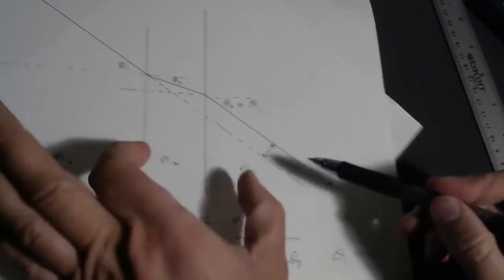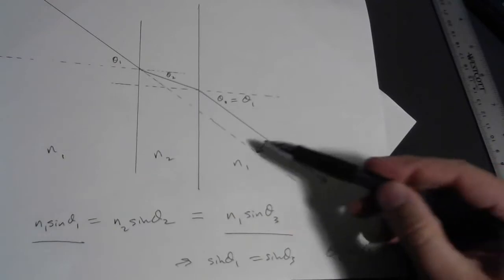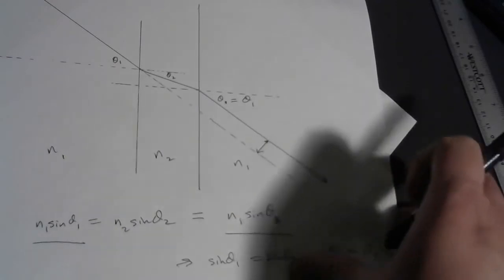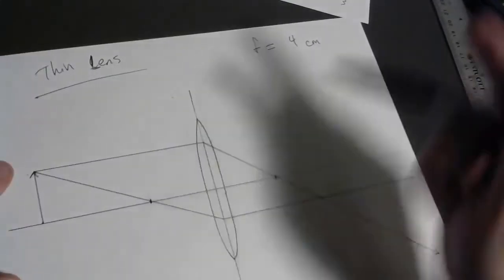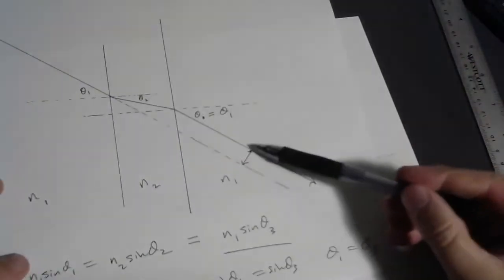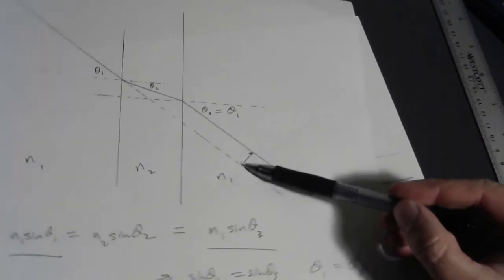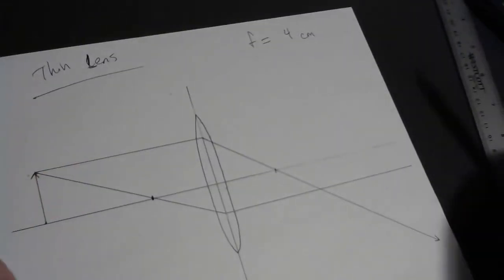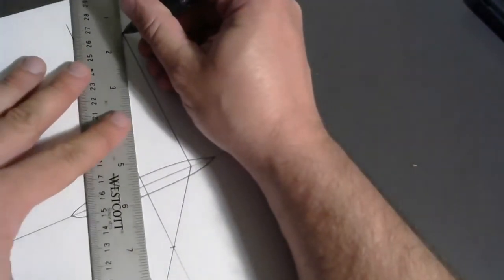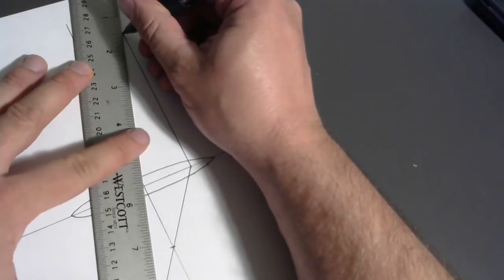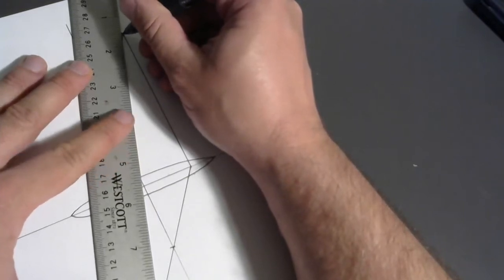Here's the direction of the original ray. And you can show that the thinner this slab gets, the shorter this displacement gets. So we are imagining a very thin lens, in which case this little displacement would shrink to practically zero. That means our third principal ray can be drawn through the center of the lens, and we'll just pretend as if it suffers no displacement whatsoever.